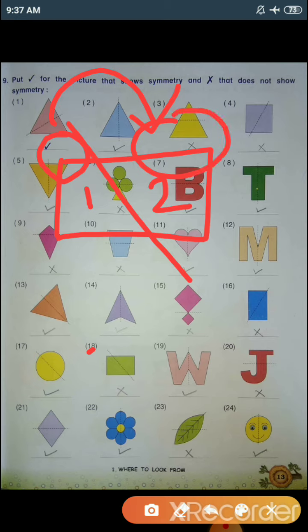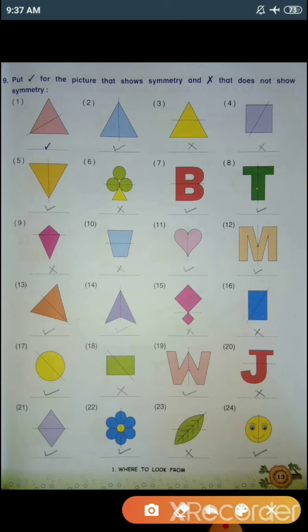That is why we cannot include this shape in symmetry. This does not show any symmetry. So we'll just put a cross below this picture.